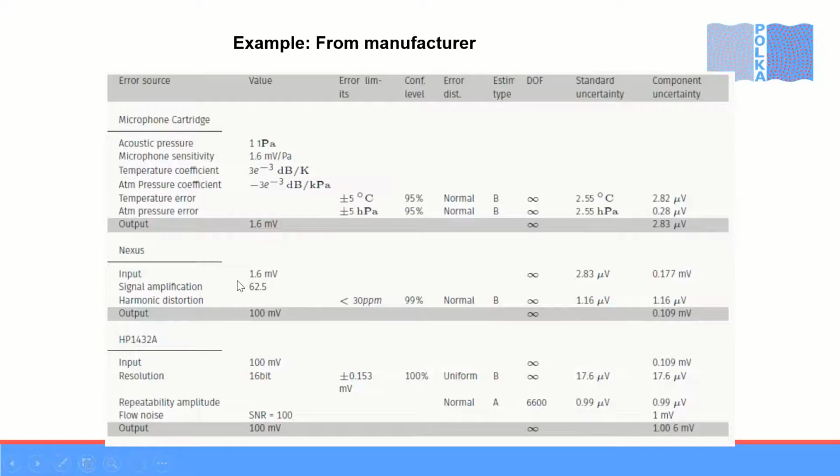The Nexus is a signal conditioning system that was used, so you can also find some information from there. And here in the final column, this is from Luke's thesis. He tried to summarize the component uncertainty that you could get from these different sources of error. And the last one here would be the data acquisition system.